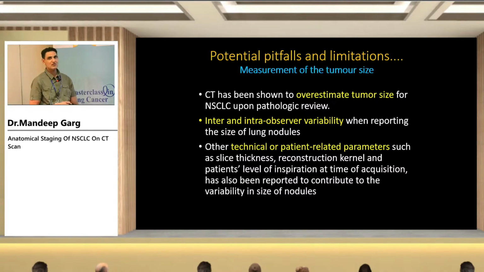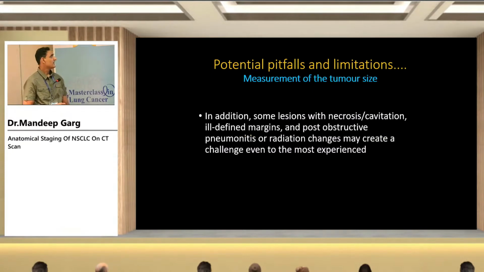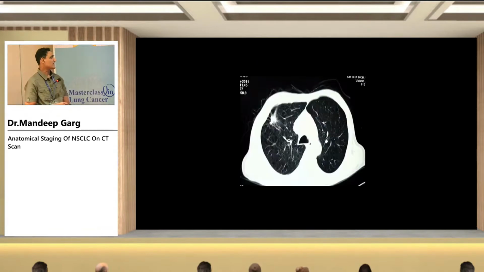So these also contribute to the variation of the reported tumor size on CT scan. In addition, certain lesions can show central necrosis or cavitation. They can have ill-defined margins. They can be associated with post-obstructive pneumonitis or radiation changes in the surrounding lung, which can pose a major challenge even to the most experienced radiologists while accurately measuring the tumor size on CT scan.